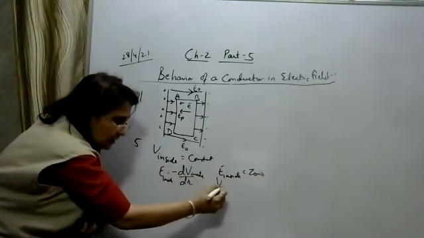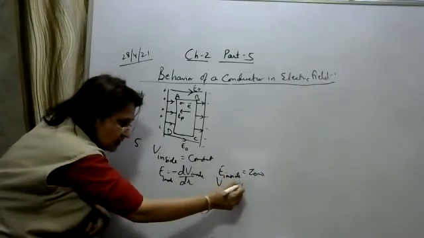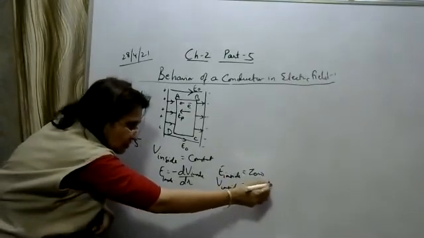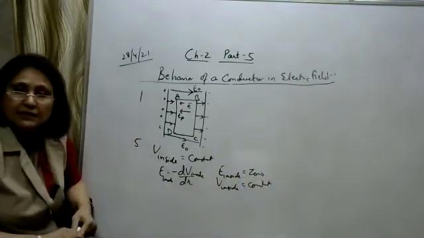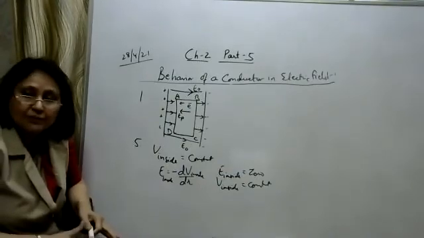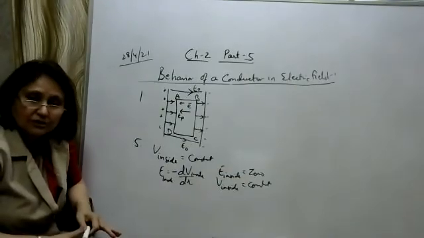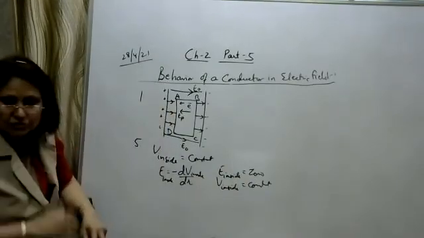It means this quantity is constant. So the potential inside the conductor, which is placed in a uniform electric field, is constant.